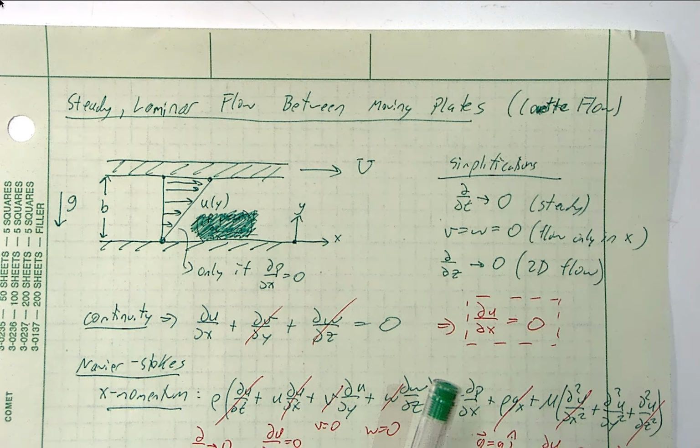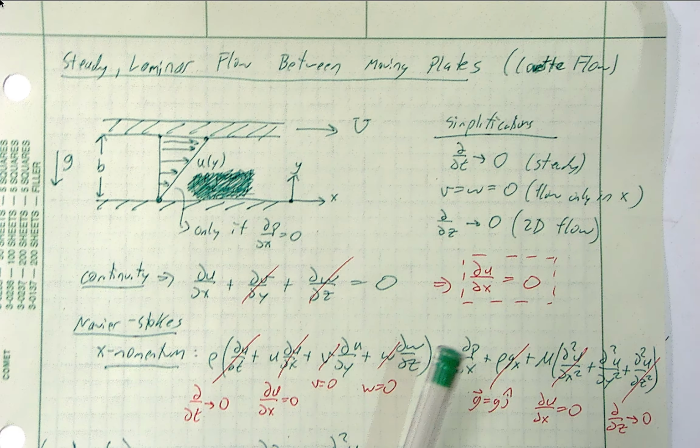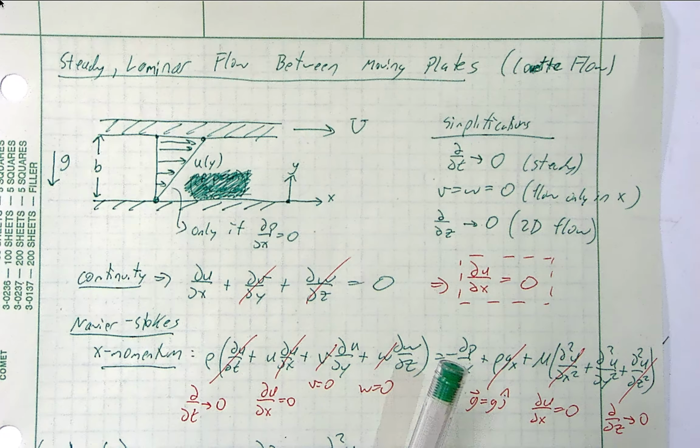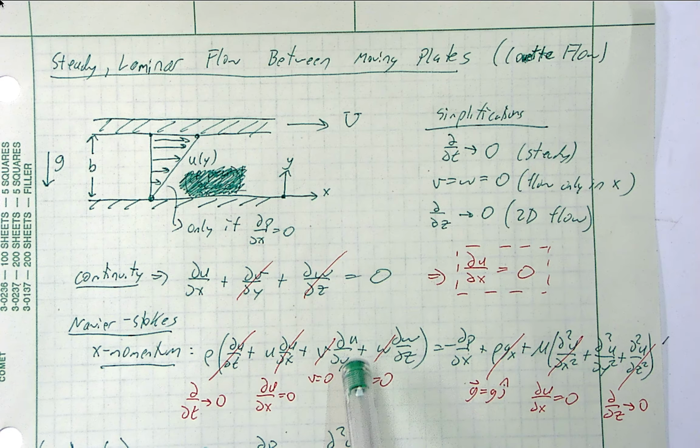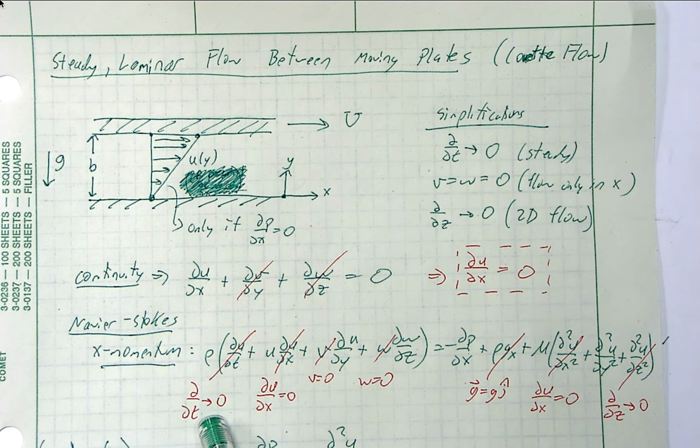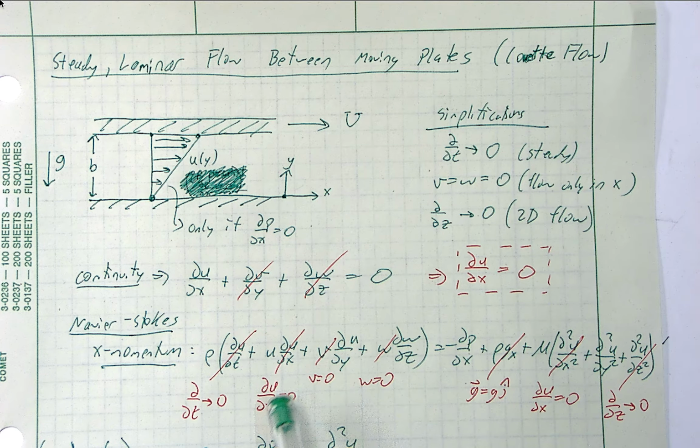If we then go to the Navier-Stokes equations, the momentum equations, this is the full form. But a lot of these terms go away, and in fact the whole left-hand side should go away, which allows us to still use the full Navier-Stokes equations but say something about this system. These three right in here are the nonlinear terms. Because of the steady assumption, this first term goes to 0.